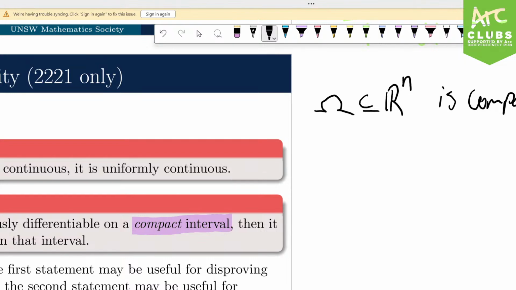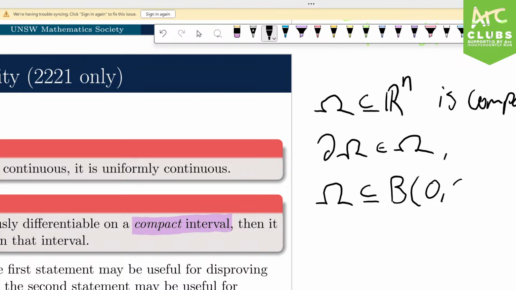We say that some subset, some set, is compact if its boundary is entirely contained in the set, and you can construct some epsilon ball centered at the origin such that it fully contains it.